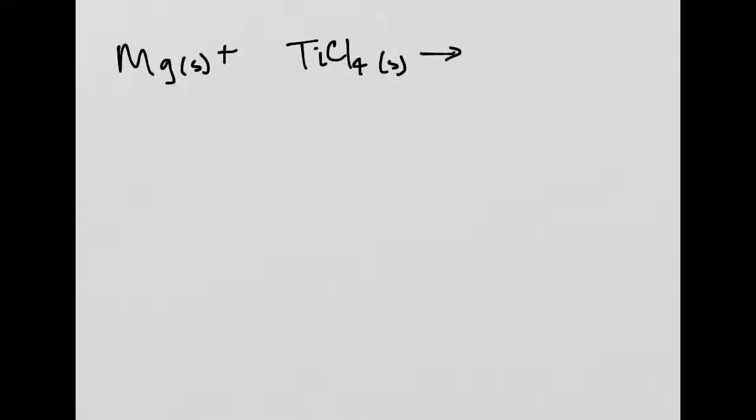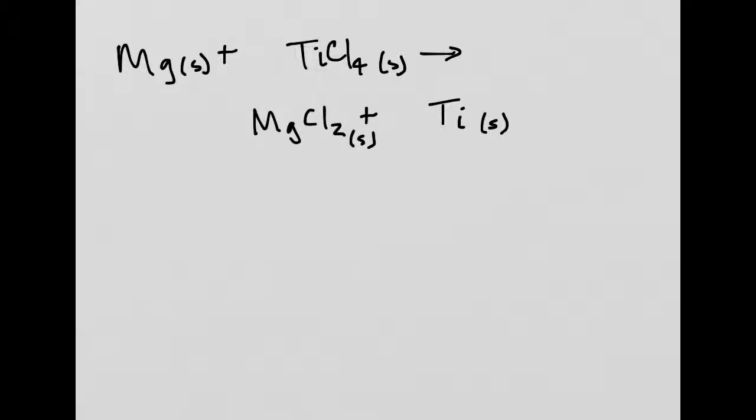The products that form as a result of that chemical reaction are magnesium chloride plus elemental titanium. We'll just say these are all solids, just to keep things simple here.